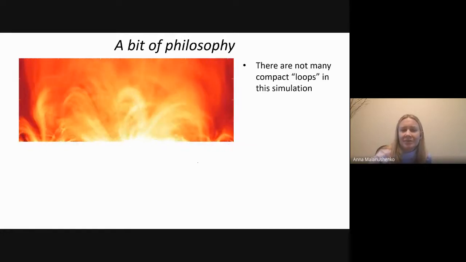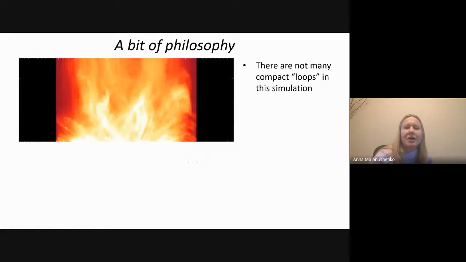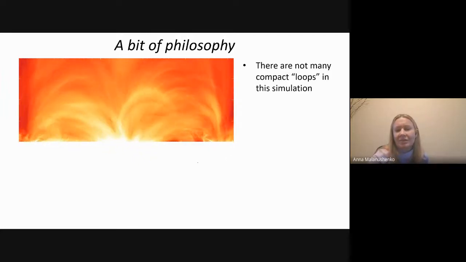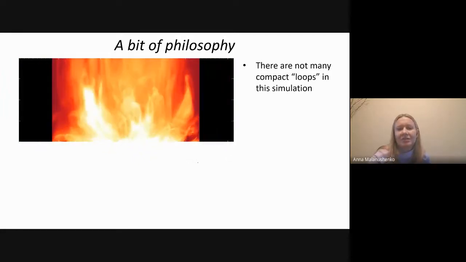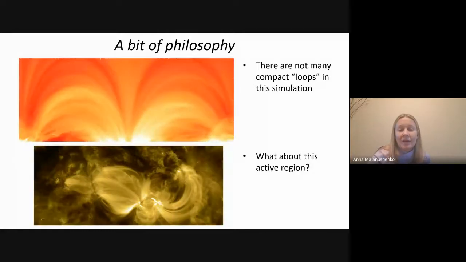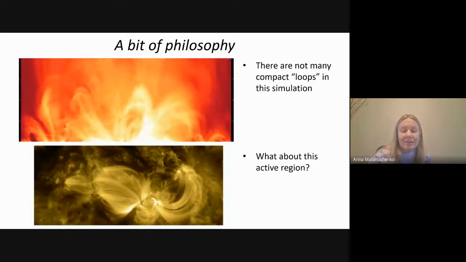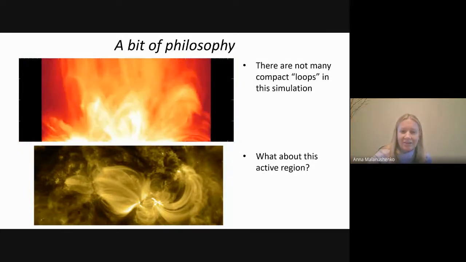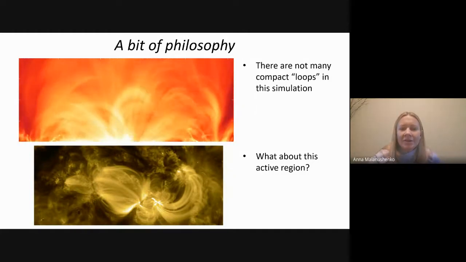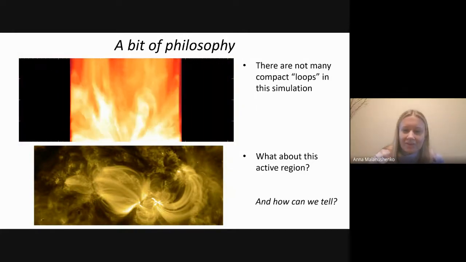This particular simulation does not contain many compact loops. The paper that we wrote contains many more examples that show just how ubiquitous the veils are in this simulation. What about this active region? Does this active region contain loops, or does it contain veils, or does it contain both? And the million-dollar question is, how can we tell?